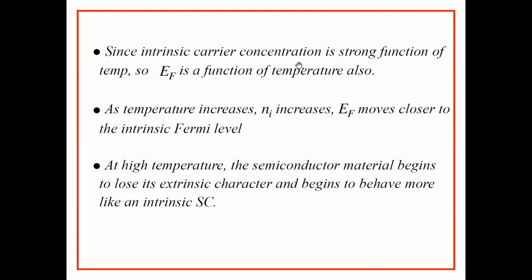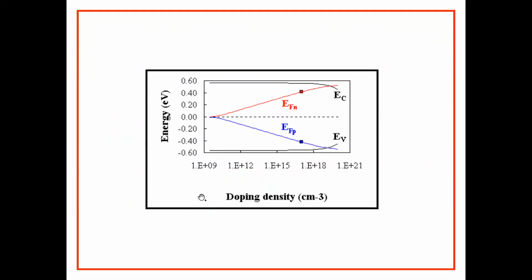Since intrinsic carrier concentration is a strong function of temperature, Fermi energy level is a function of temperature also. As temperature increases, Ni increases, and Fermi energy level moves closer to the intrinsic Fermi level, which we'll see in the next diagram. At high temperature, the semiconductor material begins to lose its extrinsic character and begins to behave more like an intrinsic semiconductor.